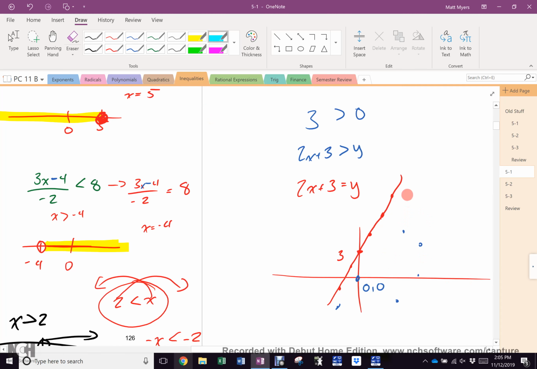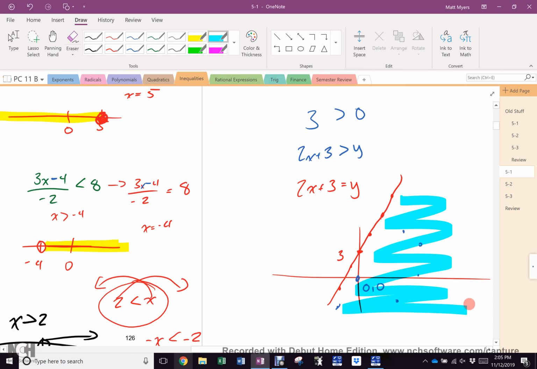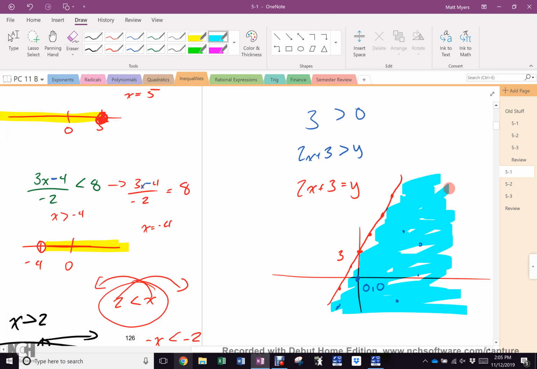Color it in. Because we checked on the x and we checked on the y.